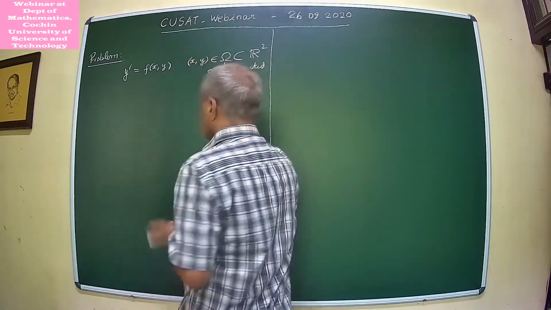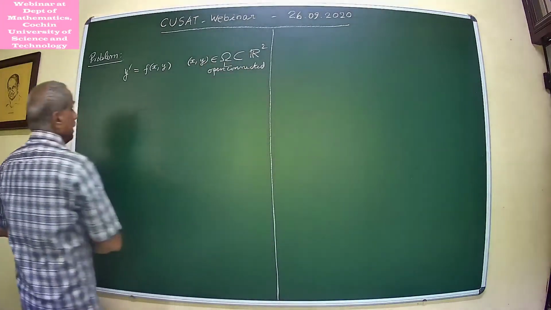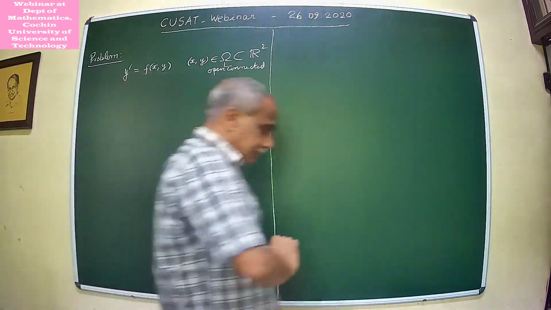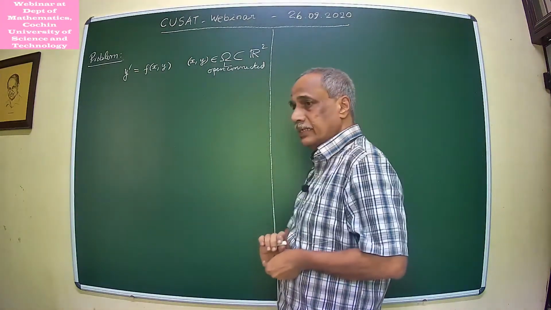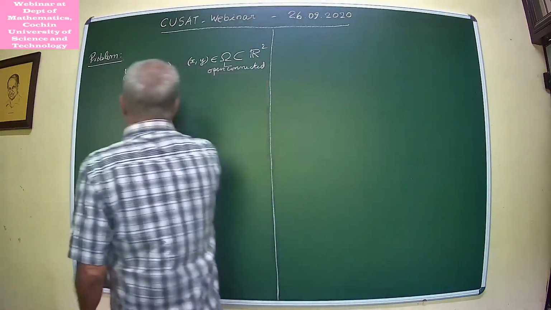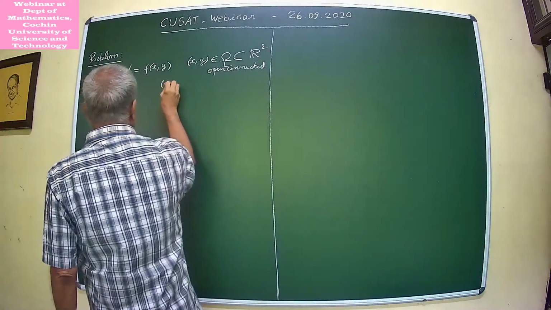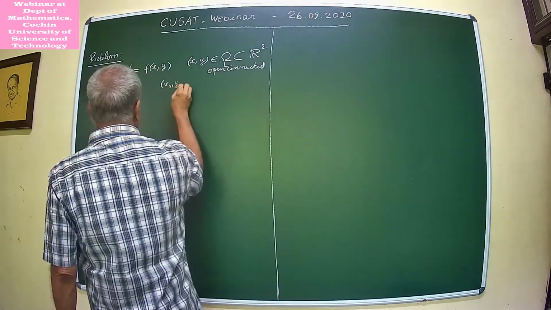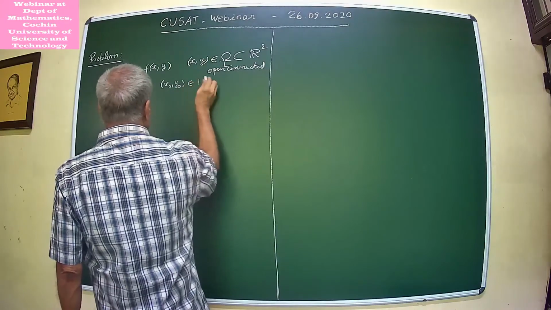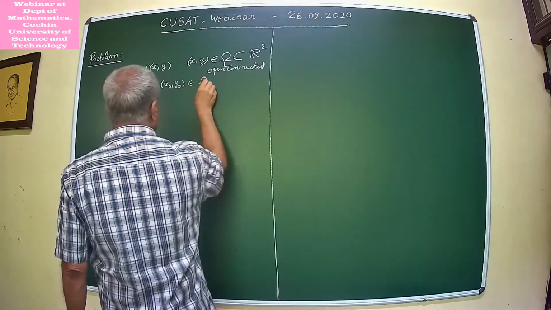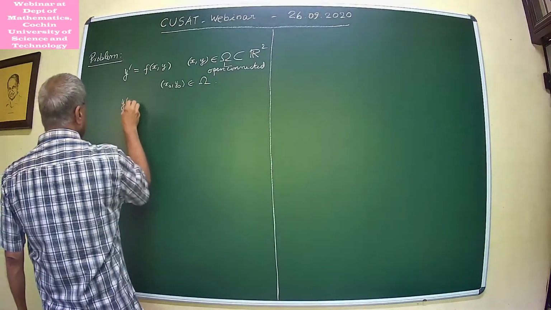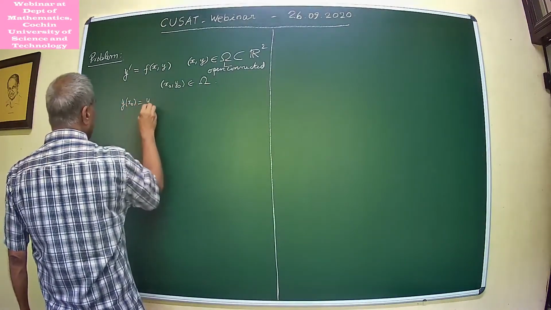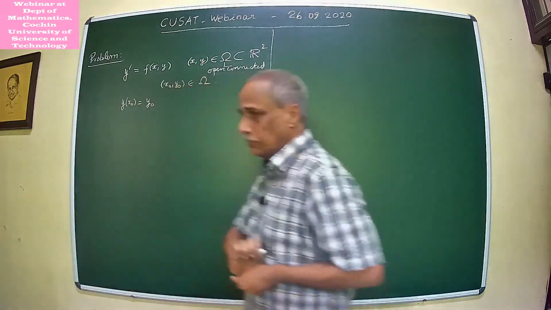In this problem, x is taken as the independent variable, y is taken as the dependent variable. We are given a point x naught, y naught belonging to omega, and we have the initial data y of x naught equal to y naught. This is the initial value problem that we have.